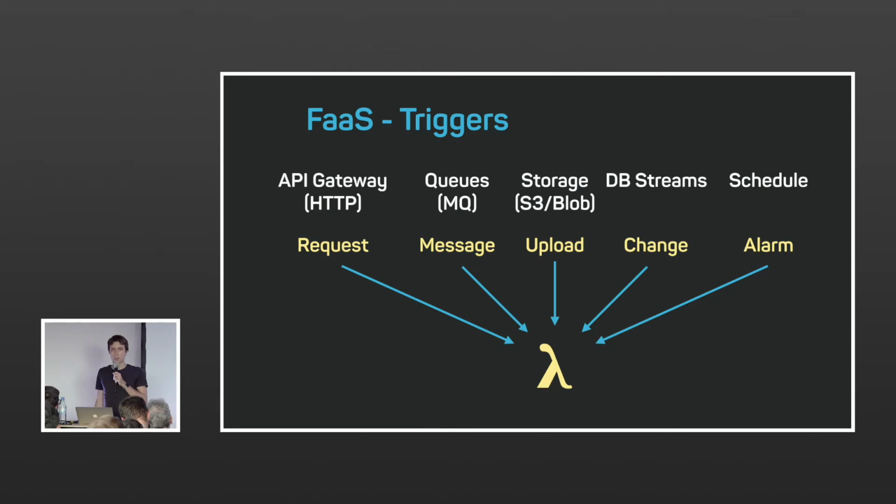What makes FaaS pretty cool is how well it integrates with other parts of your cloud. So you can trigger your functions through other services like simple data queues on your cloud, or other cloud services like storage. So for example, if you're uploading an image to a storage service like S3, you can actually invoke a function every time that happens.